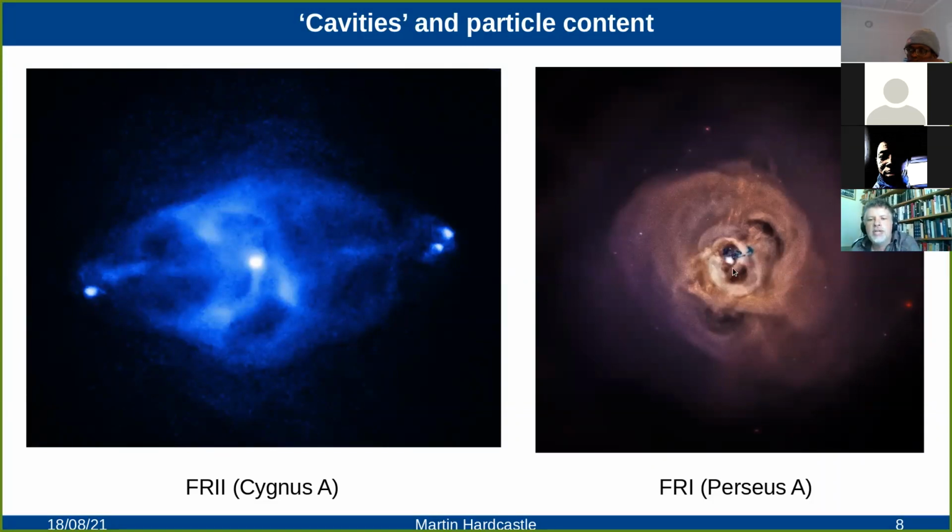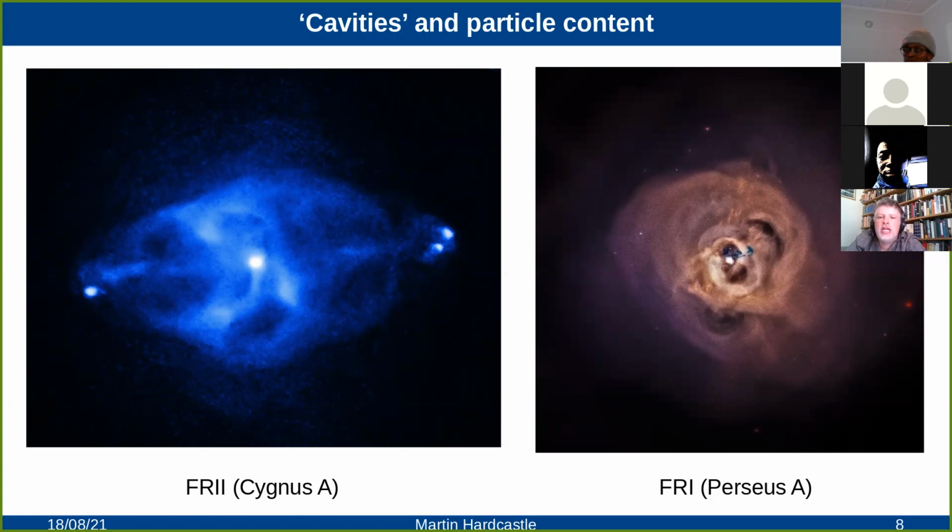So the inner set of cavities are a result of the current radio lobes, and then the next set of cavities out here are a previous outburst where the jet turned on for a while and then turned off. There's evidence that another outburst is starting right now in the center. So what this is showing us is that the assumption that the jet power is constant, in this particular object at least, is not really valid.